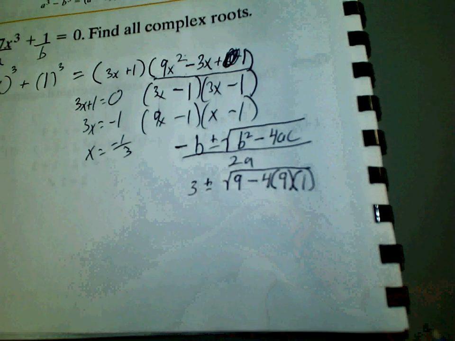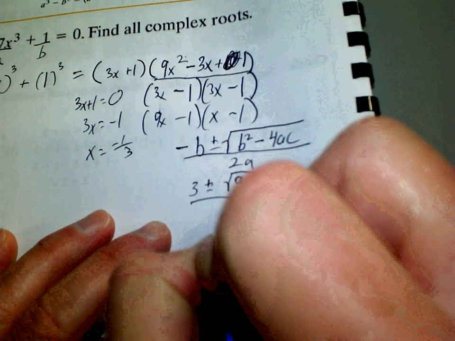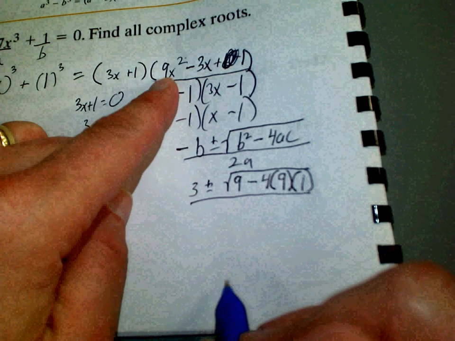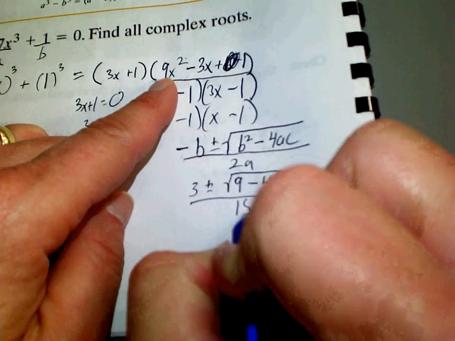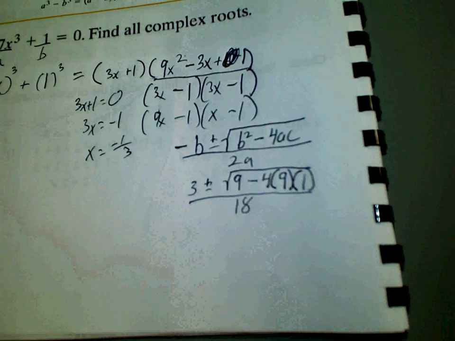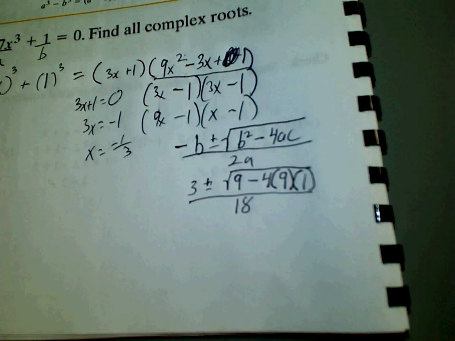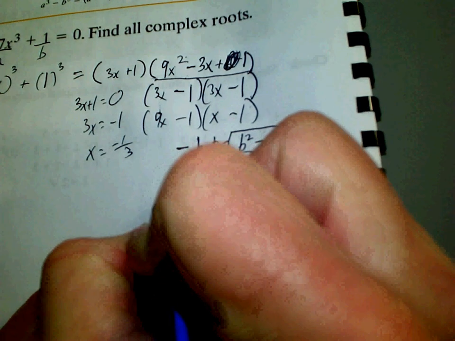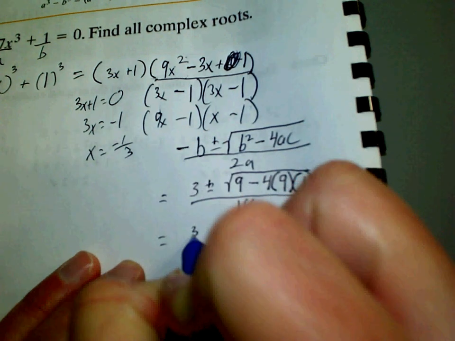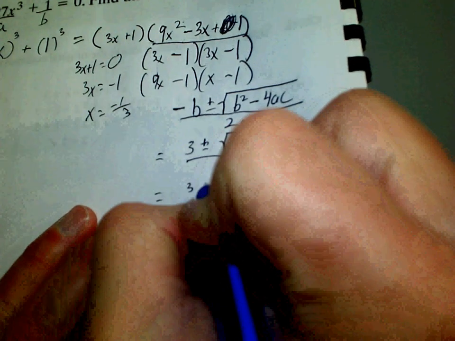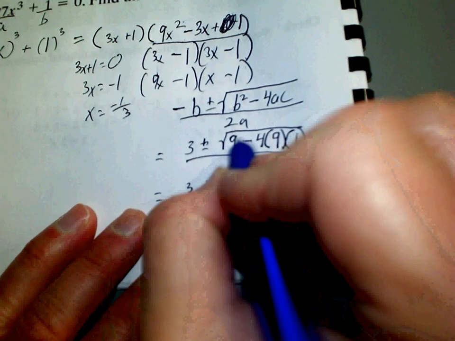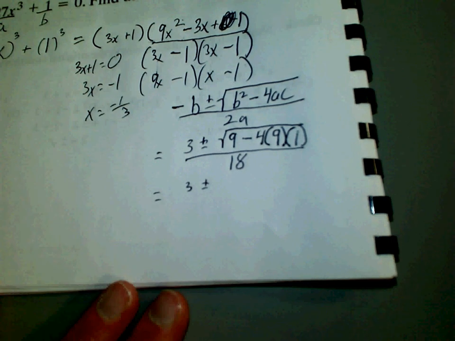All over 2 times a is 18. Good with that? So then you end up with 3 plus or minus, what's 9 minus 36? Ain't that negative 25? Oh, yeah, it's negative 27.